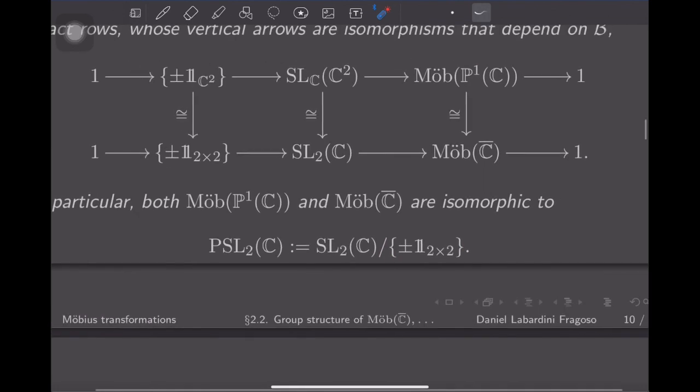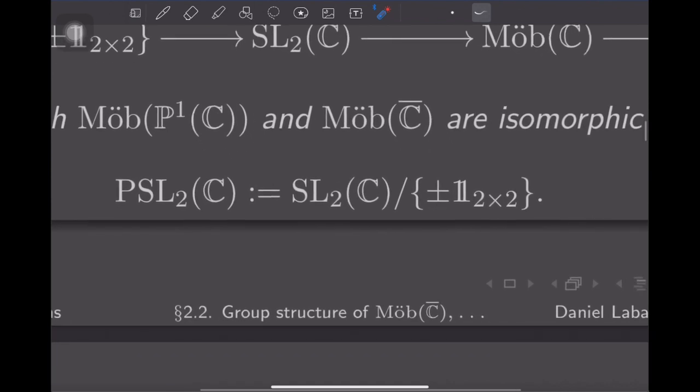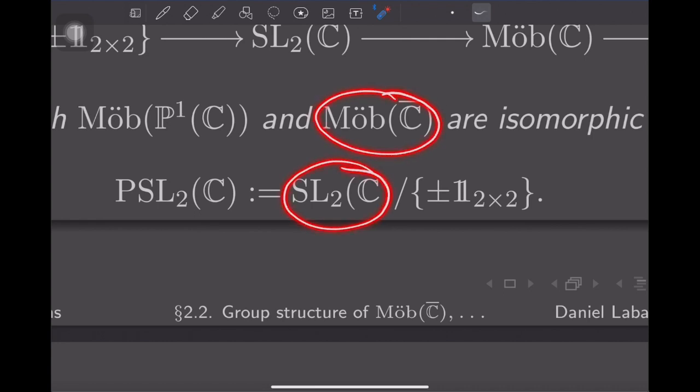Here it's clear why I would like to do that, because what this is telling me is that the group of Möbius transformations is almost a group of matrices. You only have to take the quotient by a 2-element subgroup. So this looks almost like a group of matrices. That's my point.